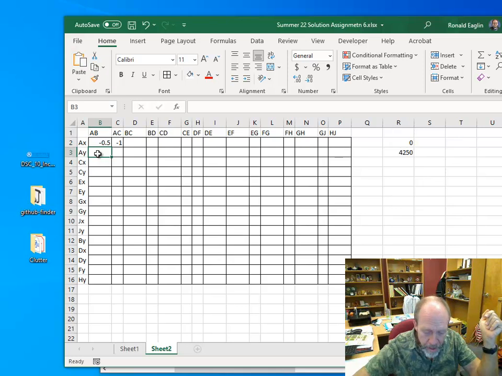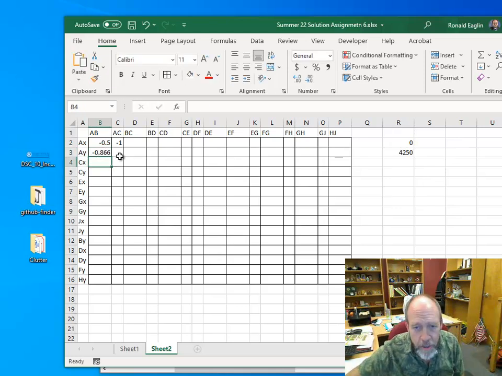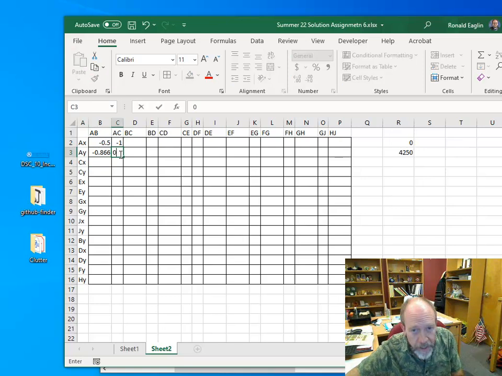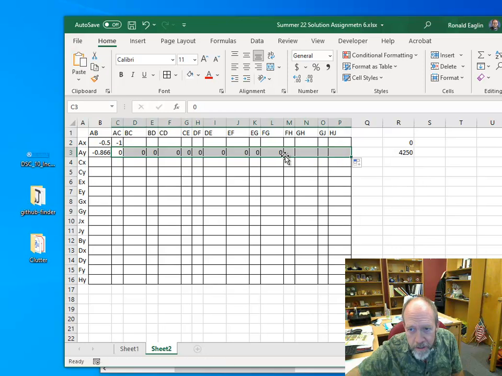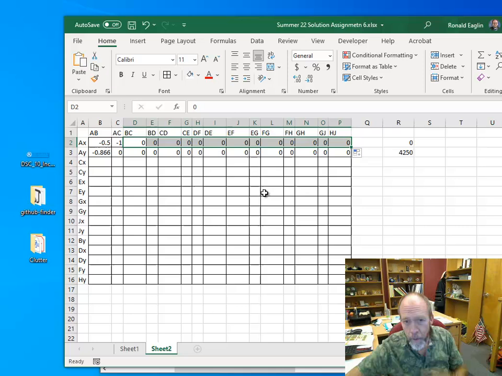So negative 0.866, and there are no other forces, so everything else along this line is 0. The rest are zeros. So not hard to do, and there I've now solved for AX and AY.